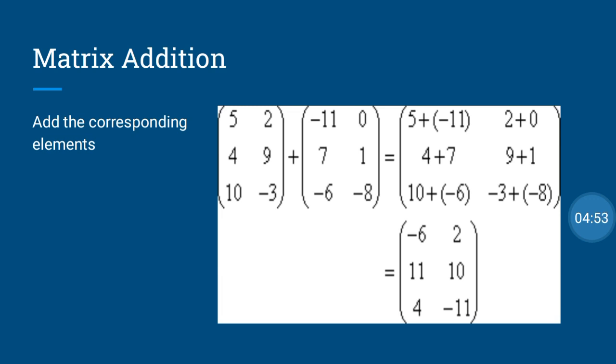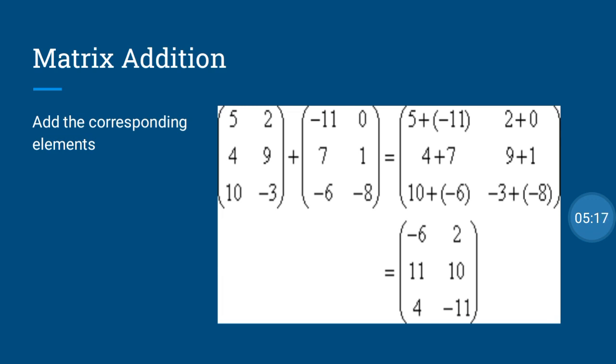In the second matrix, first row, first column element is minus 11. So 5 plus minus 11 will give you minus 6. Similarly, first row second column is 2 in the first matrix, and in the second matrix first row second column is 0. That is 2 plus 0 will give you 2.